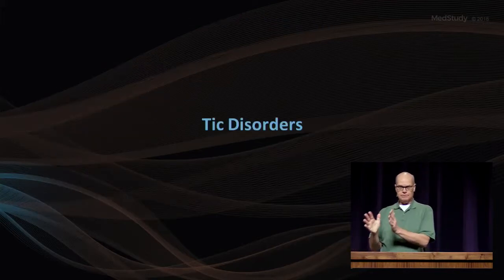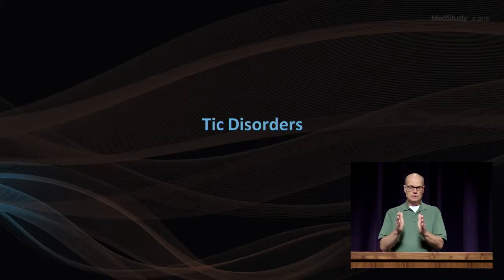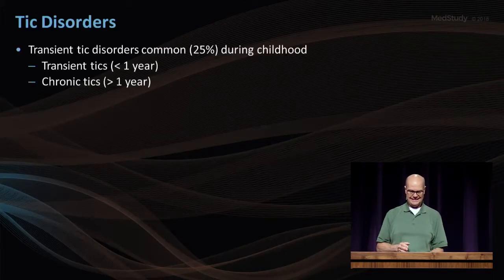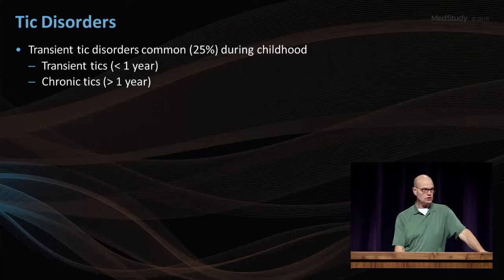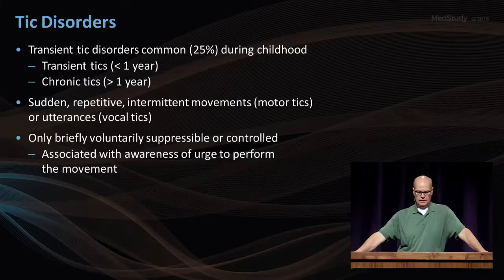Okay, so that's oppositional defiant disorder, conduct disorder, ADHD. Let's look quickly at tic disorders, which are really very common. Both transient and chronic tics can occur in up to a fourth of children during childhood. These are described as sudden, repetitive, intermittent movements and or vocal tics, and they are not easily suppressible or controlled.